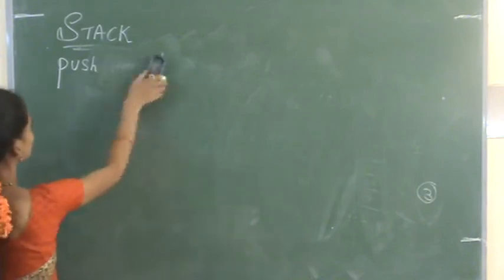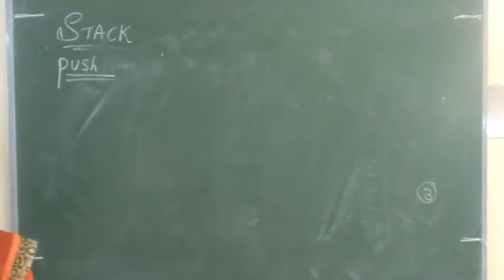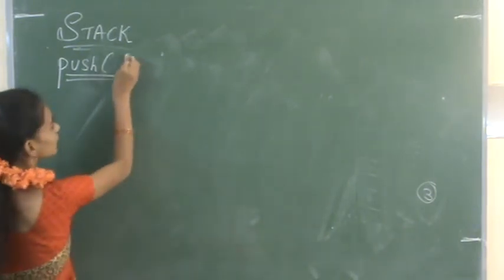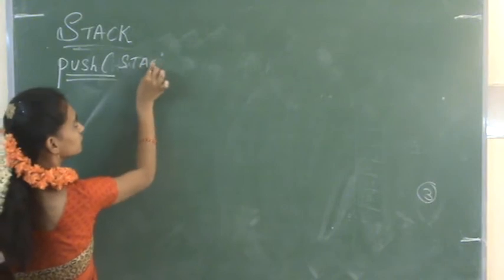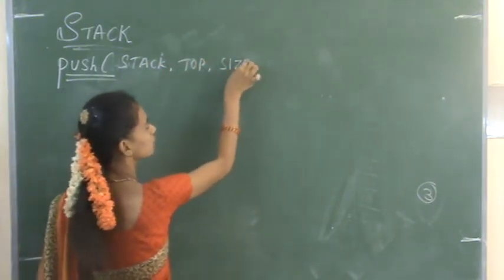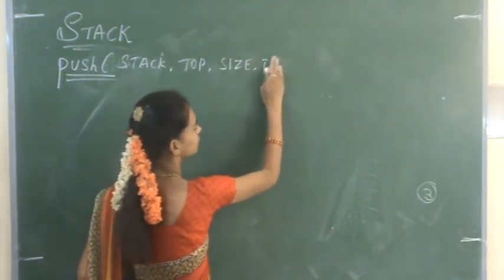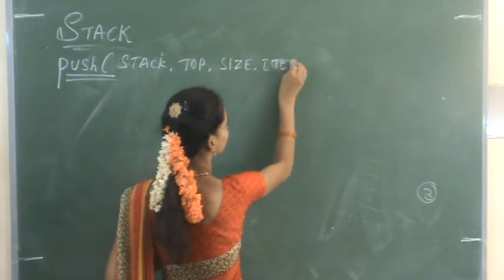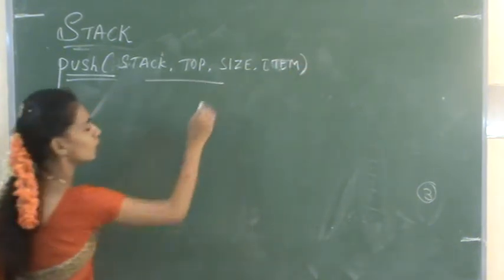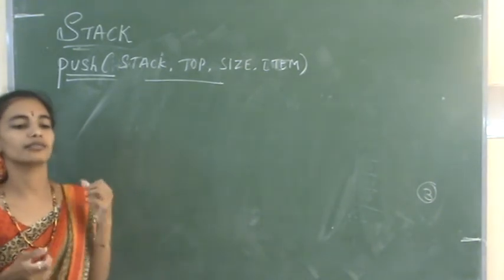So first, the push function. This push function will take the stack, top, size and item. Okay, so in this function we are using these variables.